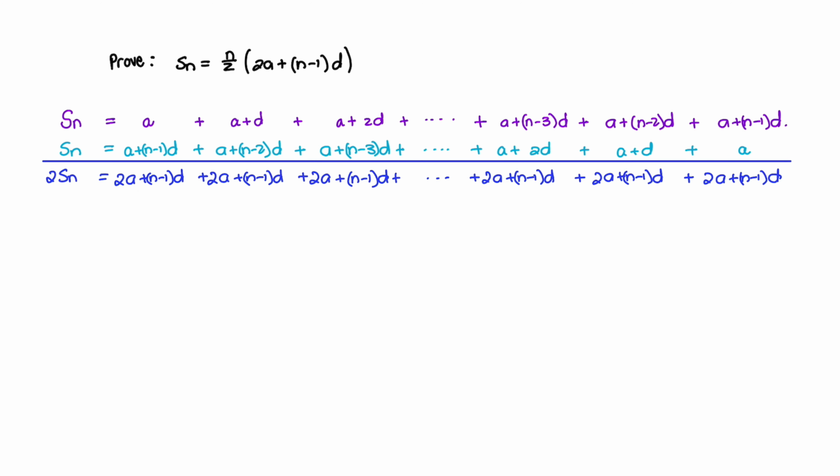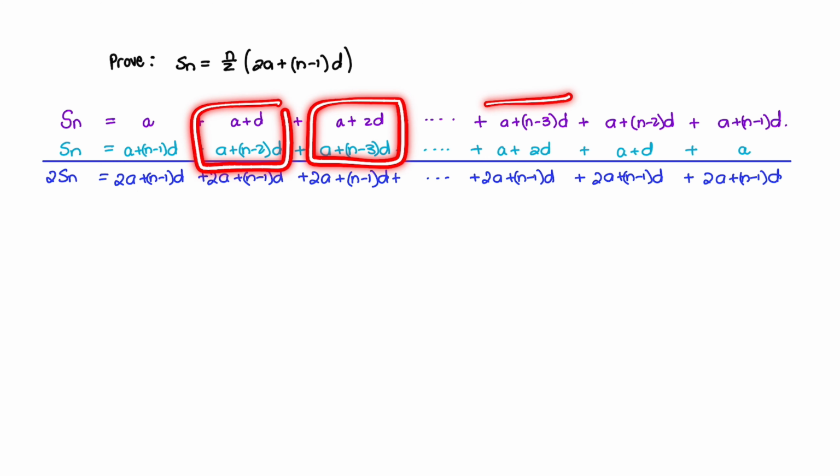And can you see, if I add up the blocks, so I'll have Sn plus Sn, that is equal to 2Sn. Then I'll have a plus a, that is 2a, plus (n minus 1)d. So I simply add these terms together. And I continue doing that for every block that I have created.